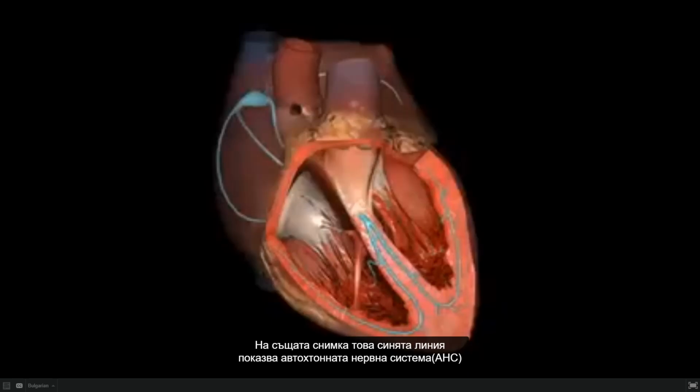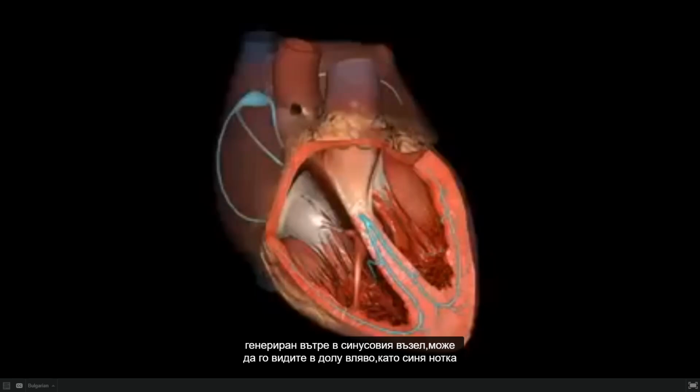In the same picture 6, the blue line is showing the autochtonic nervous system inside of your heart. Actually, in anatomy, it's explained that the heart has an autochtonic nervous system and the impulse is generated inside of the sinus node.